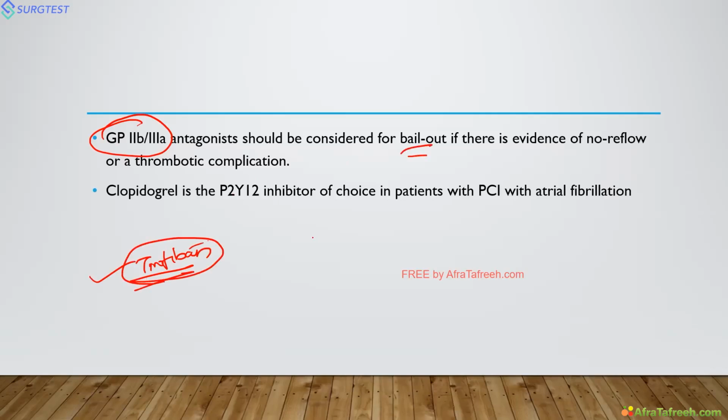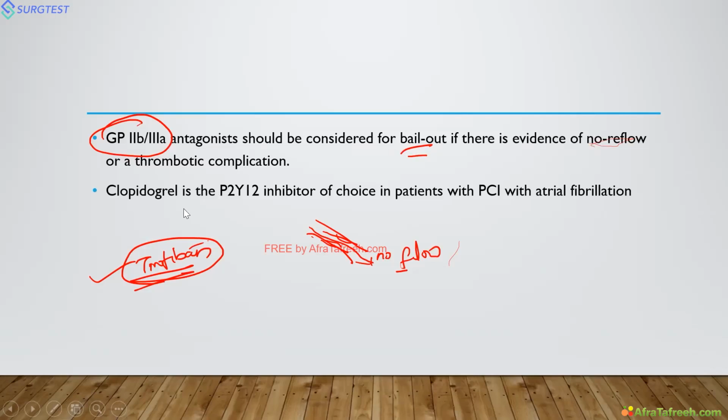For example, if this is the lesion and you stent the lesion, but there is no flow after stenting also, at that time you can give an infusion of tirofiban or abciximab or eptifibatide. So this is the only indication. It should be considered as a bailout if there is evidence of no reflow or thrombotic complication.